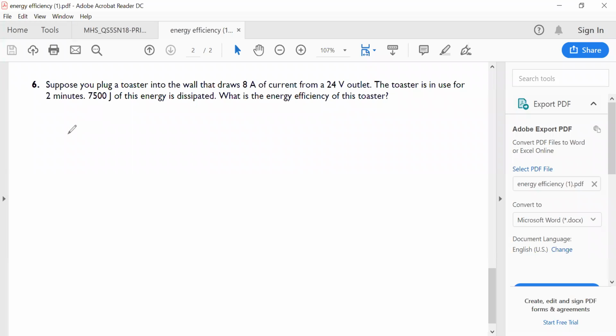So first, let's remind ourselves of the amount that the toaster draws from the outlet. I want to draw a little toaster here for you guys. There's my little Eggo waffle here.